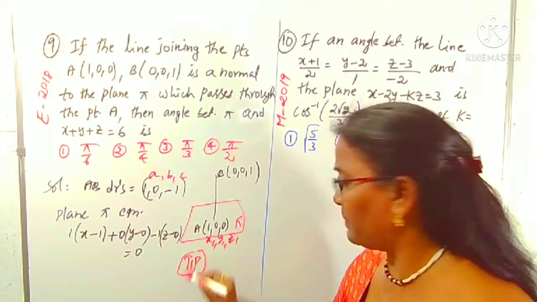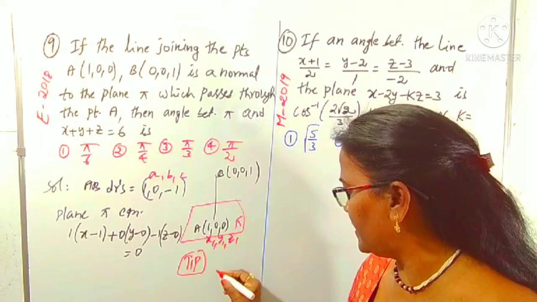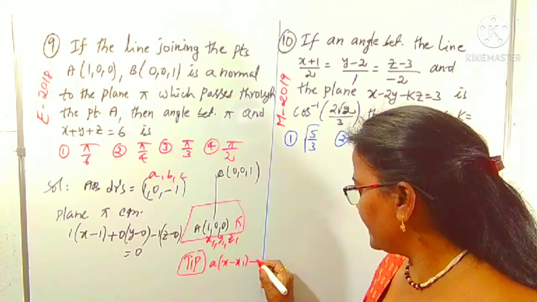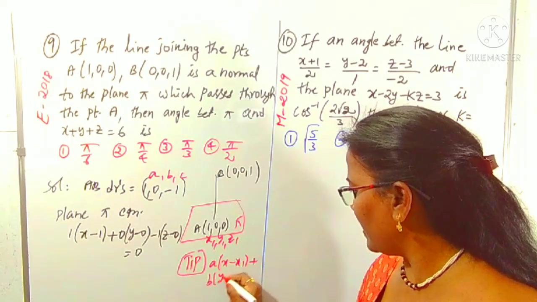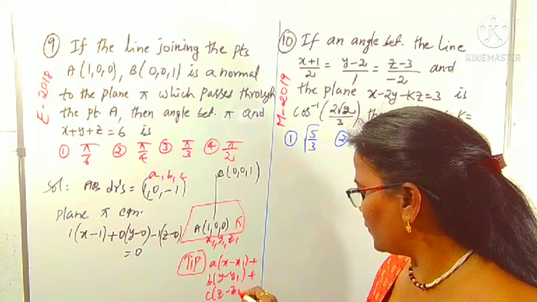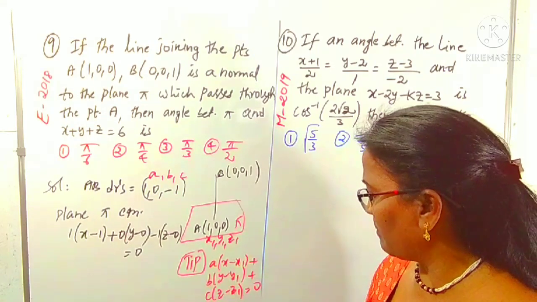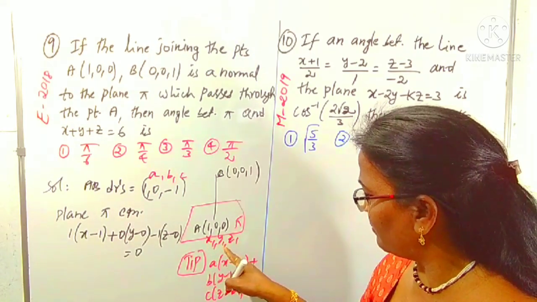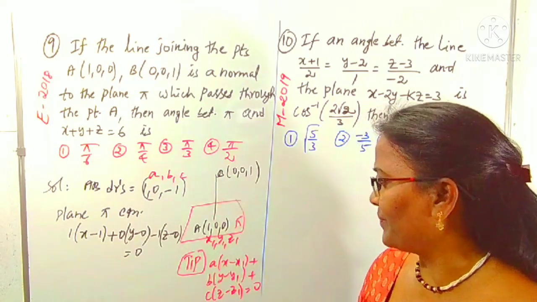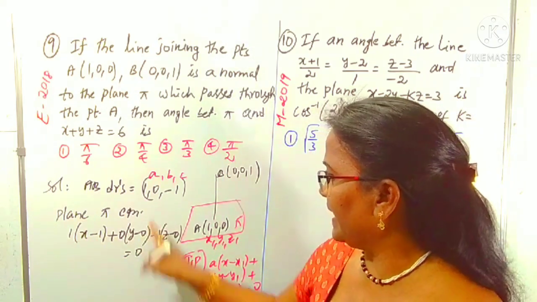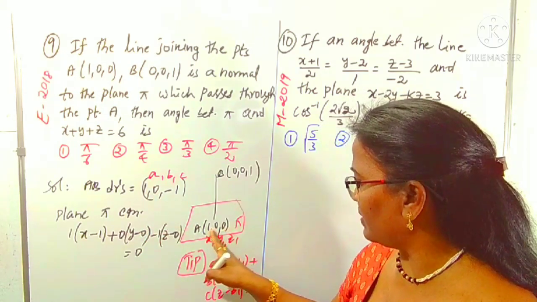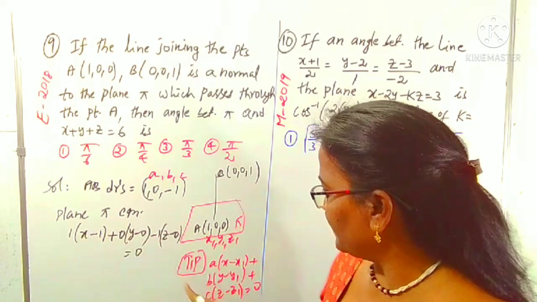Various equations of planes were discussed in the previous part; you can watch it. That is a of x minus x1 plus b of y minus y1 plus c of z minus z1 is equal to 0. This is the equation of a plane passing through some x1, y1, z1. A, B, C are DRs of its normal line. That is all used here. A, B, C are here 1, 0, minus 1. x1, y1, z1 is 1, 0, 0. I used this formula.